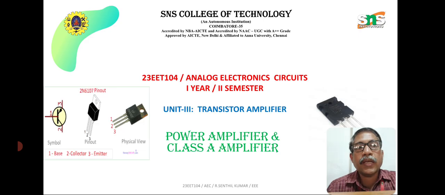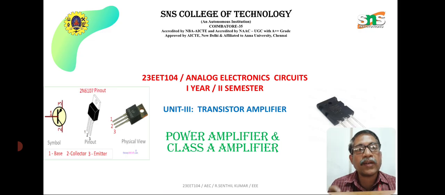We are sailing in the power amplifier topic, unit number 3, where we are going to discuss the transistor as an amplifier. We studied the characteristics of a transistor, where there are three regions: the active region, the saturation region, and the cutoff region.